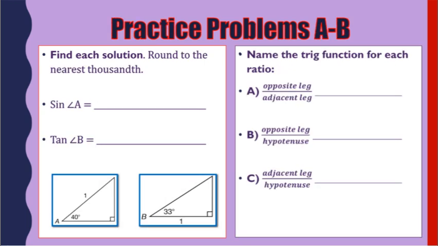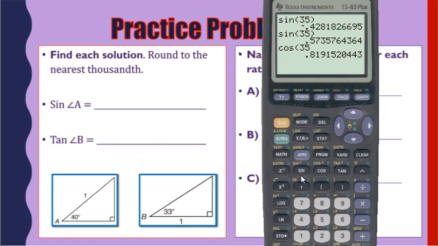Practice problems A and B. Find each solution, round to the nearest thousandth. That means 3 decimal places. So sine of angle A. So I'll grab my calculator again. Do sine, angle A right here is 40.